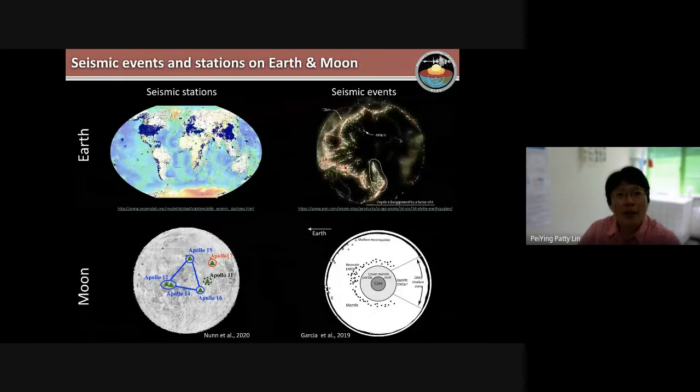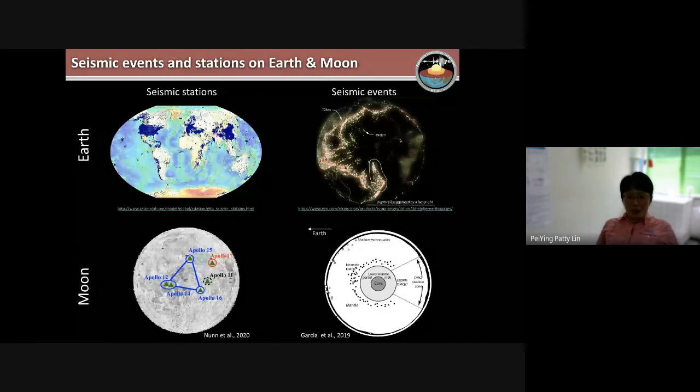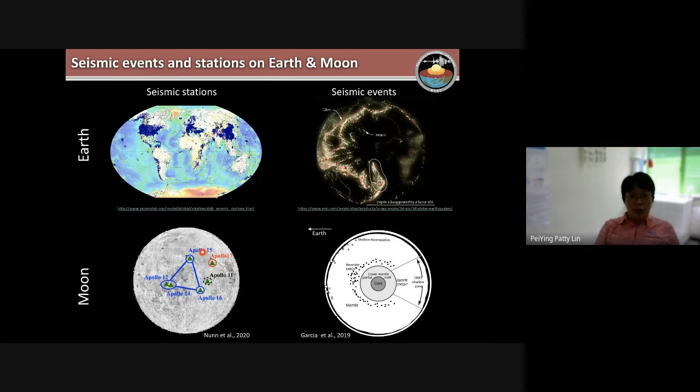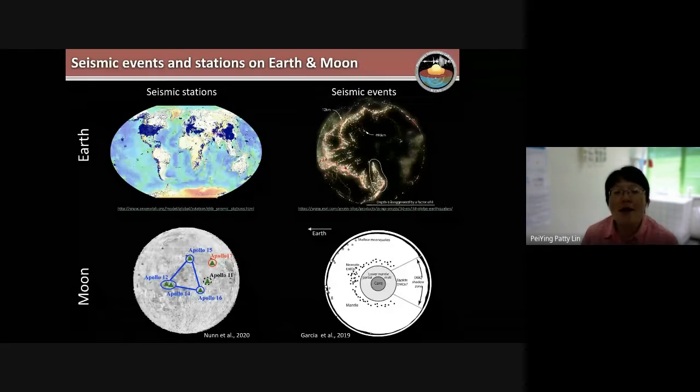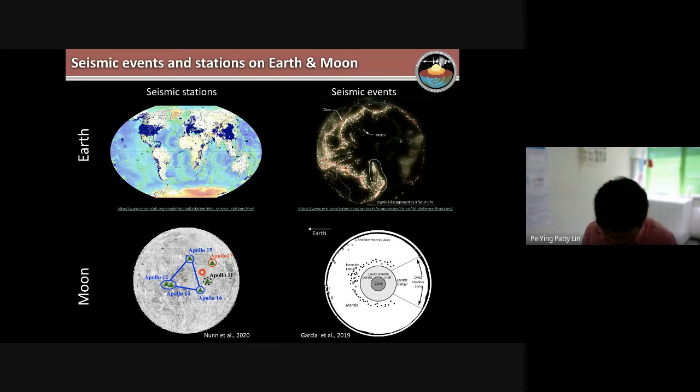Okay, and we go back to reality. This shows the seismic stations and the seismic events on the Earth and the Moon. As you can see, we are lucky to have a few stations on the Moon, but not as many as we have on the Earth.